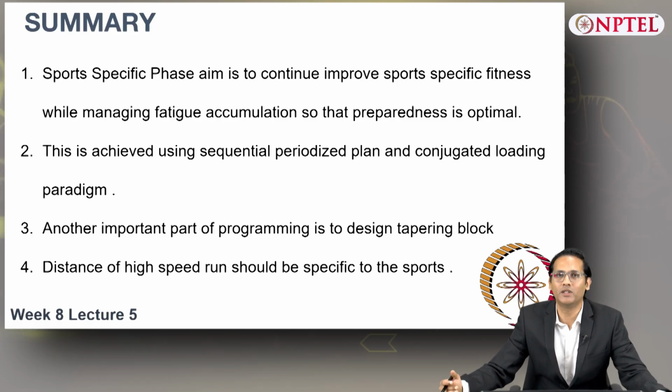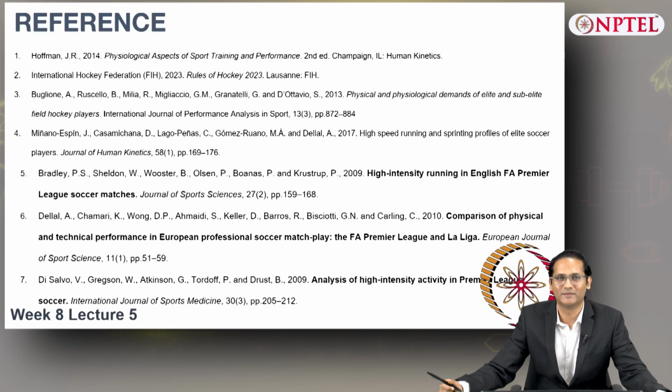This is achieved using a sequential periodized plan and a conjugated loading paradigm. Another important part of programming is to design a tapering block. Distance of high speed run should be specific to the sport.